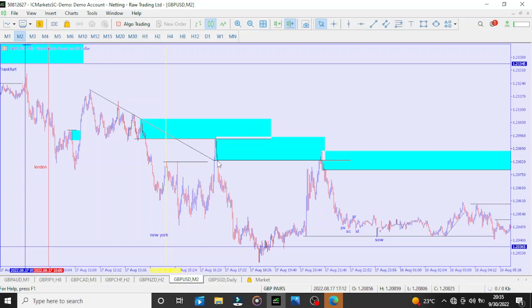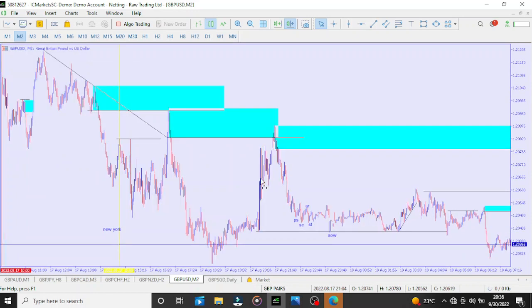At this point these buy orders are in negative, but these sell orders are in profit. So these buy orders that are in drawdown, the price has to later on go back to this IFC and break even this buy and continue to sell to the downside.